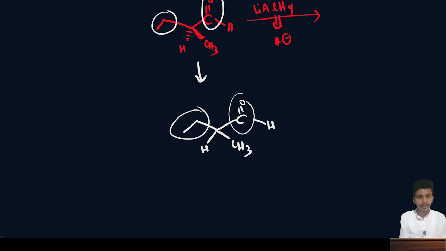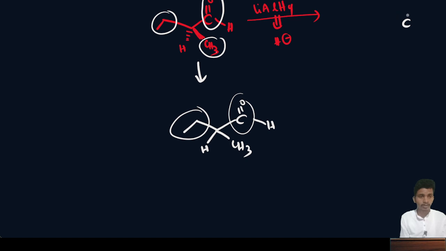So if it is syn, then this hydride reagent will attack from the medium group side, that is this. So the answer will be: this is attack from the medium group side, meaning the above side.